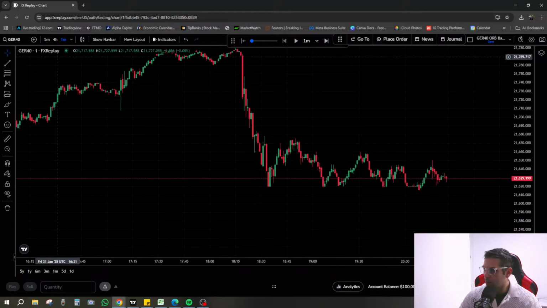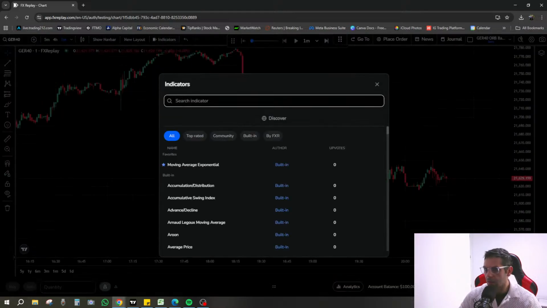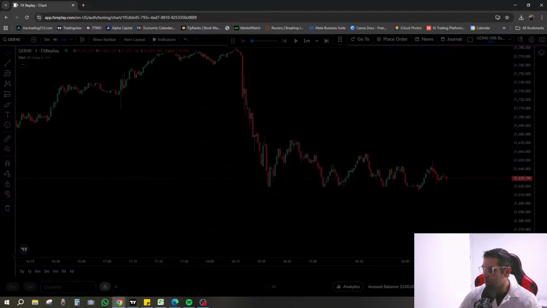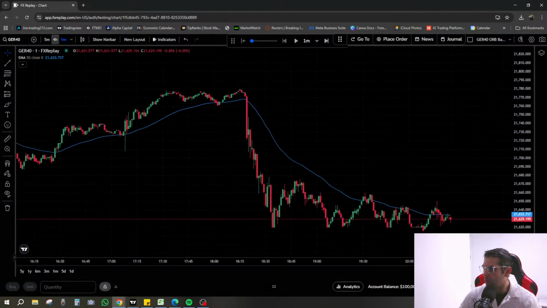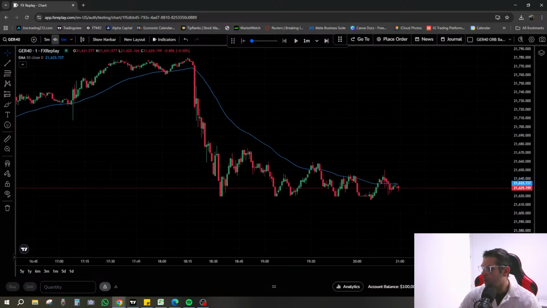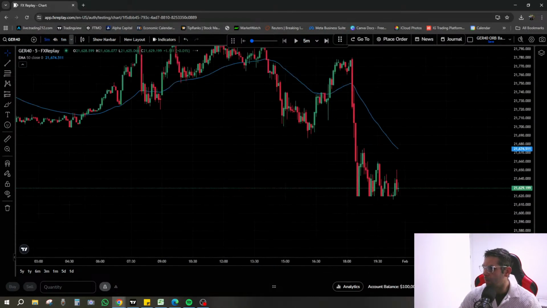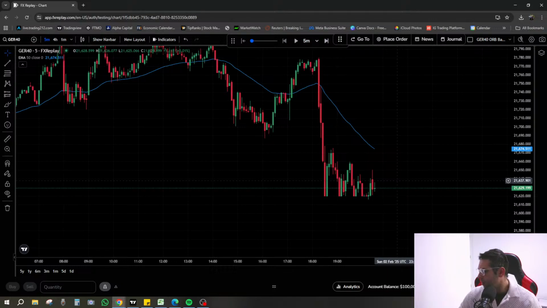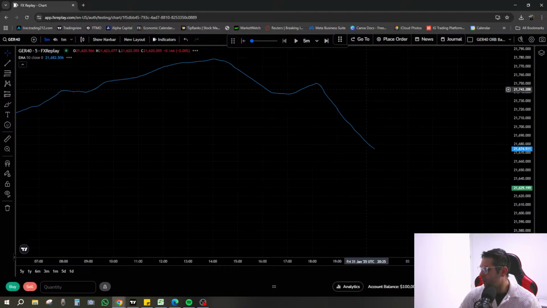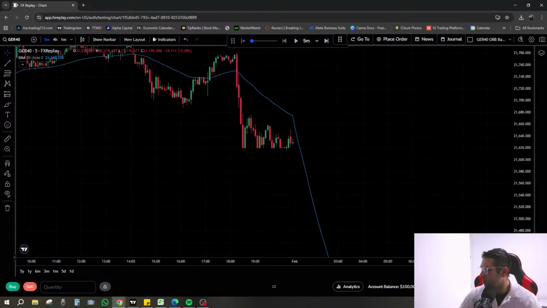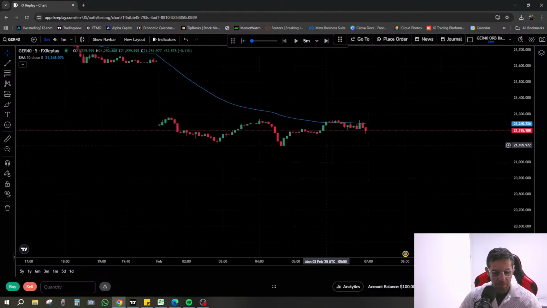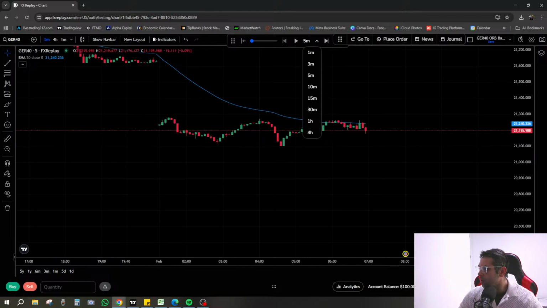So we're not going to use volumes, but insert the exponential moving average, and we're going to go on the time frame, and then go to London session, and go to 8 o'clock.